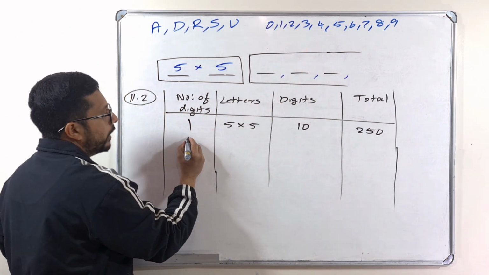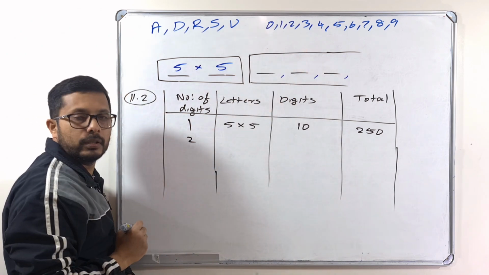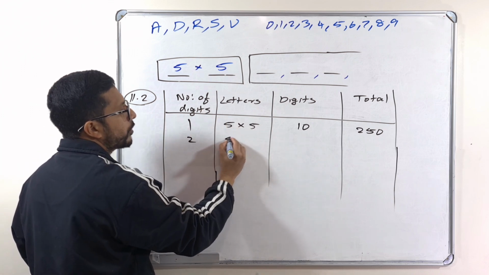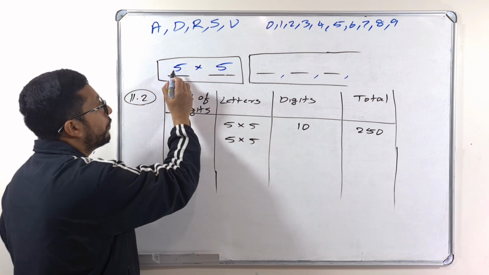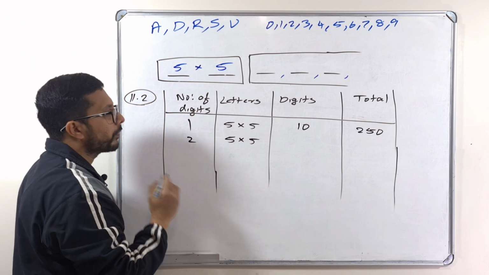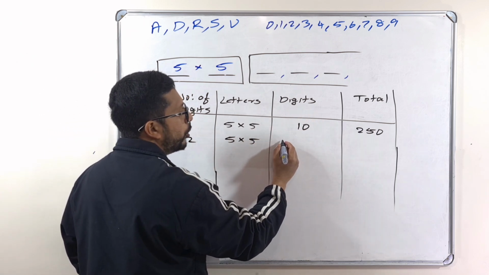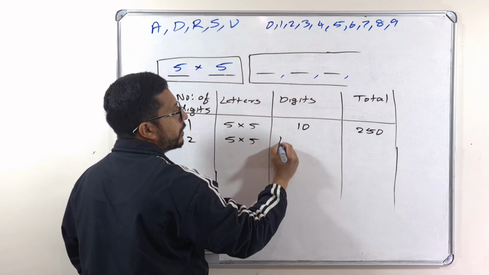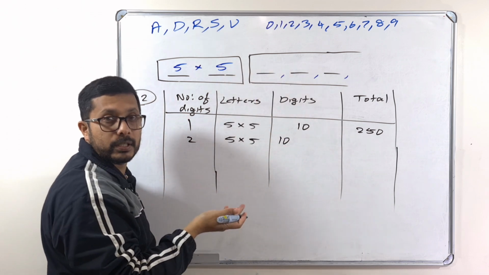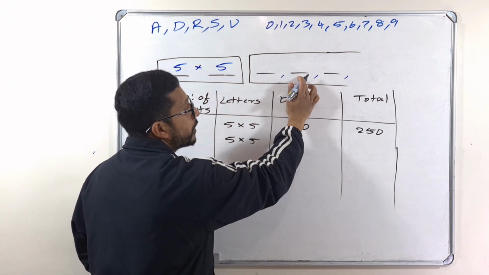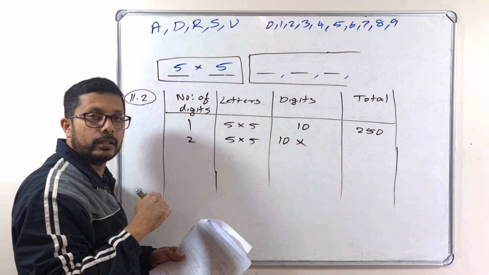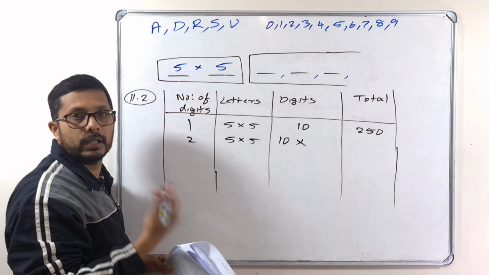Okay, let me say I'm going to use 2 digits. Letters, same option, 5 times 5. Then digits, how many options? For the first digit I can use any of 10 numbers. But for the second position I can't use 10 numbers, because there is a condition that numbers must not be repeated.